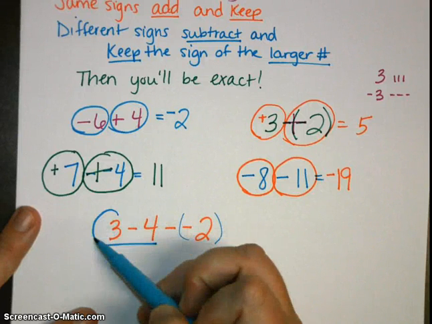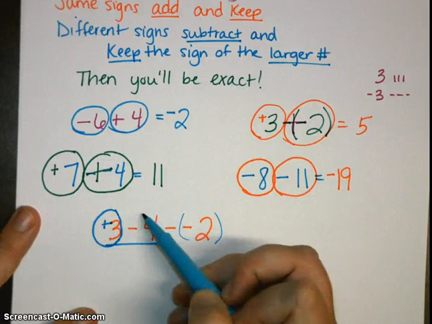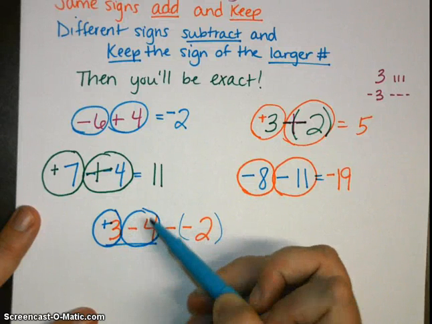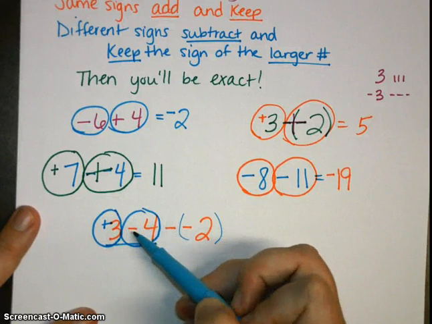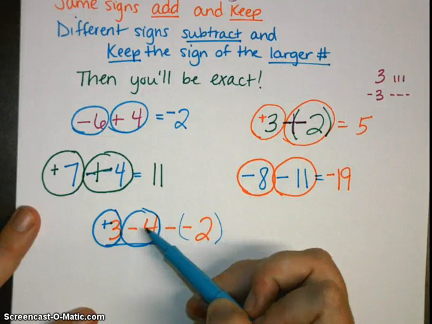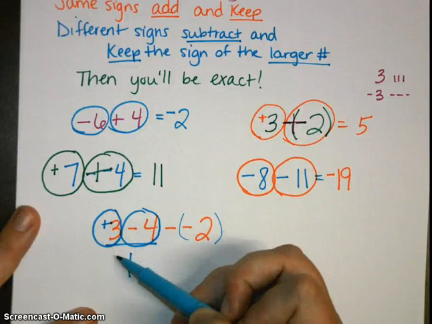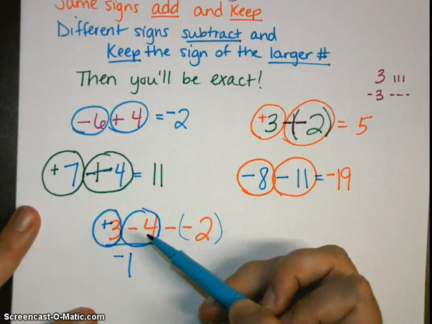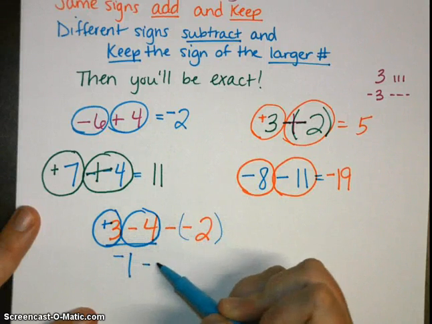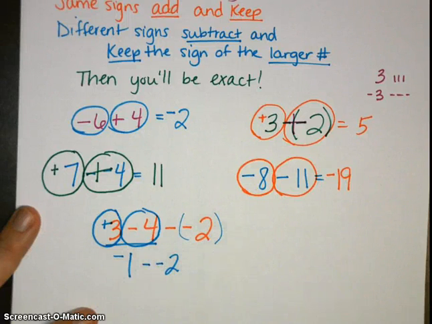The sign of the 3 is positive because there's nothing there. The sign of the 4 is negative. So signs are different. Since they're different, I subtract. 4 minus 3 is 1. Keep the sign of the larger, which is negative, because 4 is the bigger number. Then I bring down the rest of the problem, minus, negative, and 2.